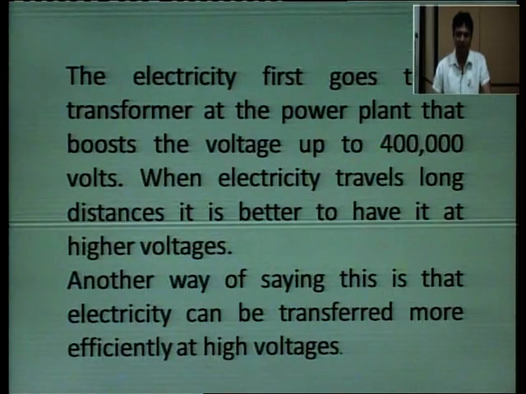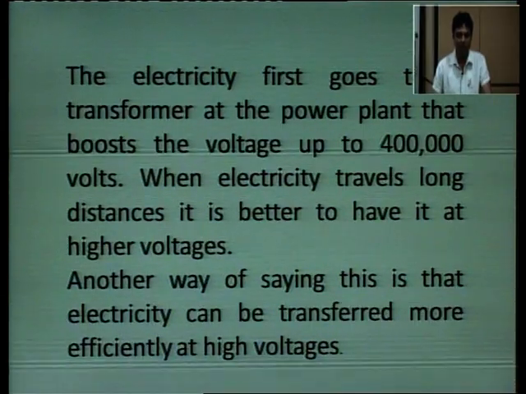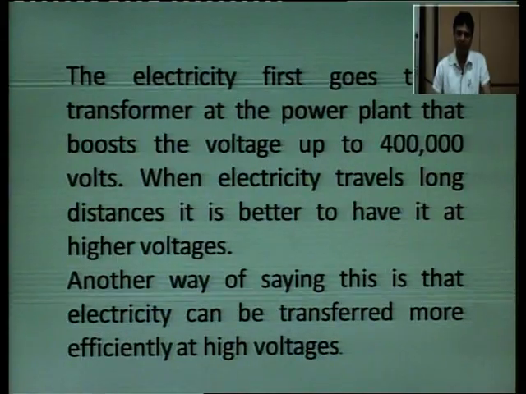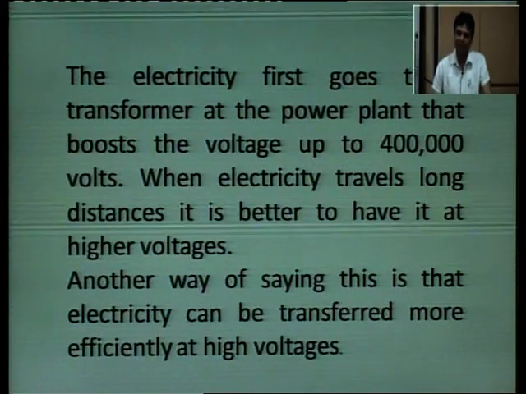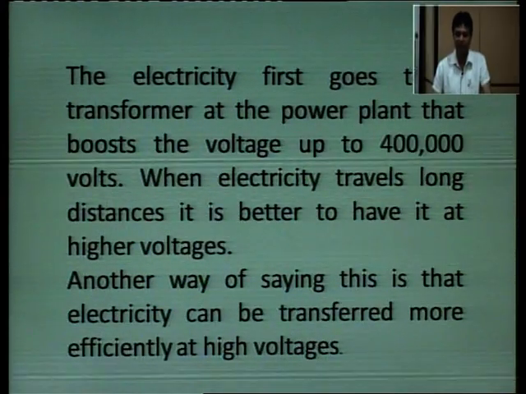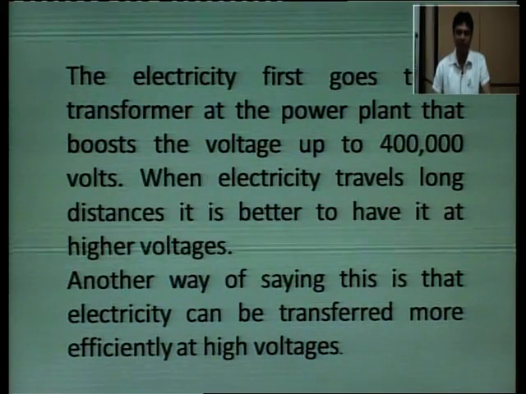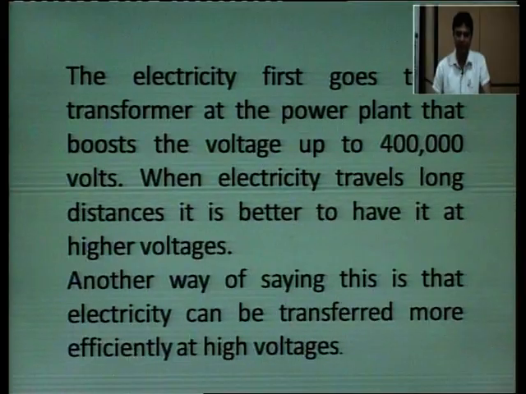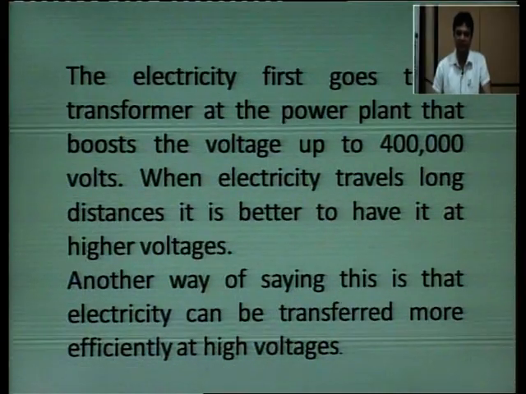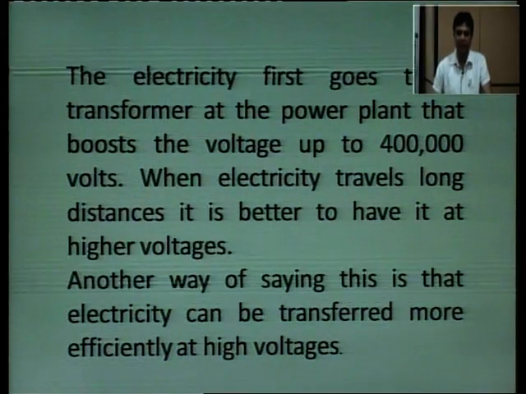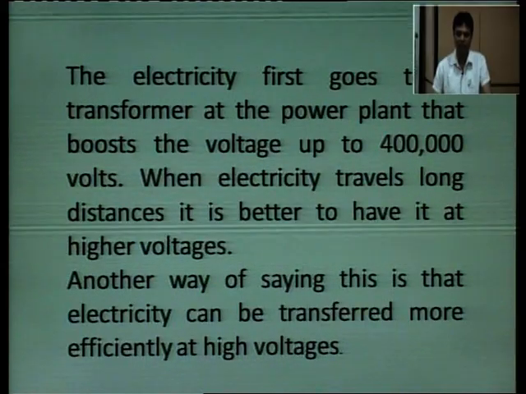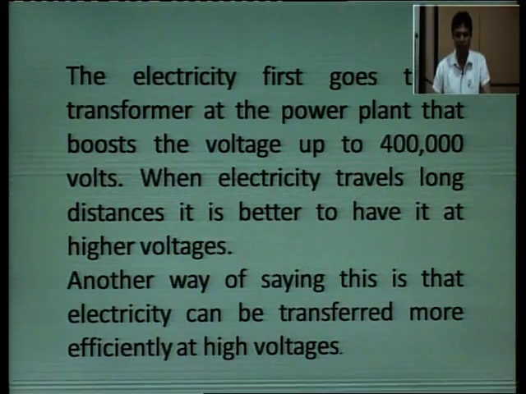When electricity travels long distances, it is better to have it at higher voltages. Another way of saying this is that electricity can be transferred more efficiently at higher voltages.